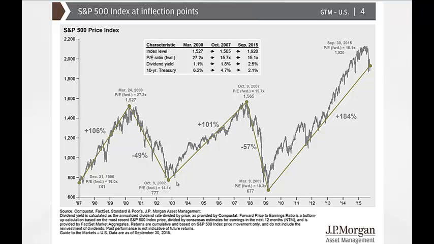Then, October 2002, it began to climb again through October 2007, 101% return. Then, as we all know, in 2008, the crash began, and the S&P 500 lost 57%, bottoming out in March of 2009. Well, look at the trajectory the S&P 500 is on today.